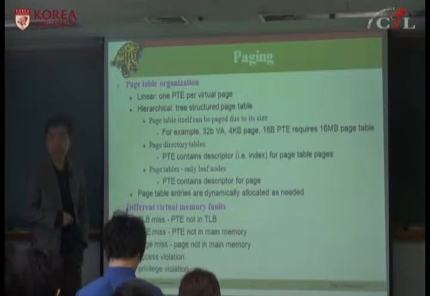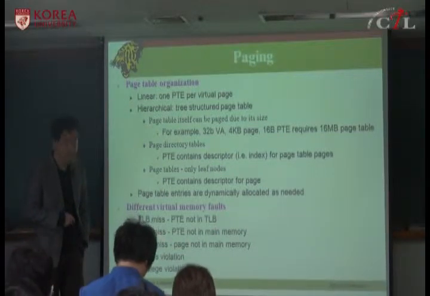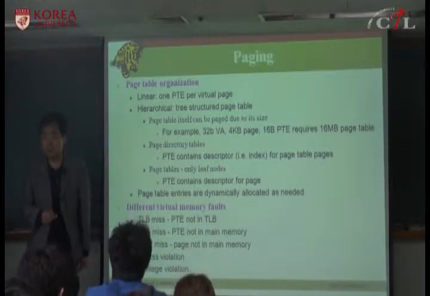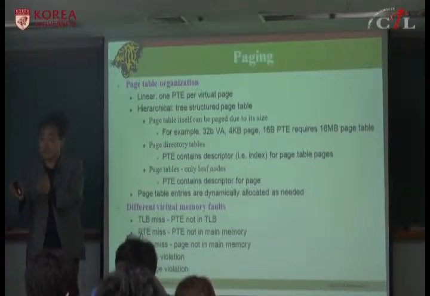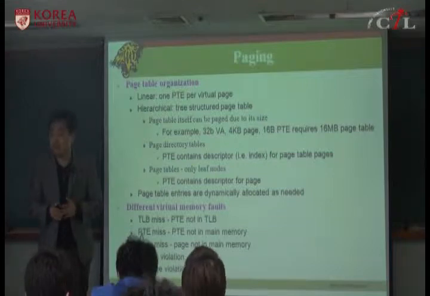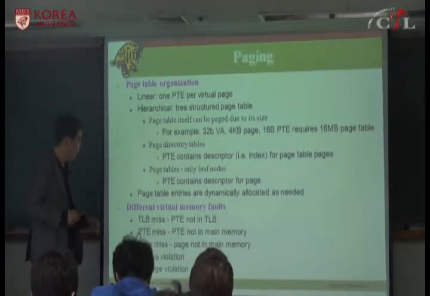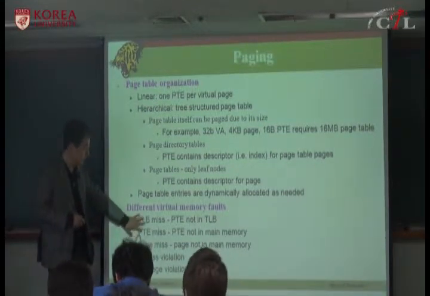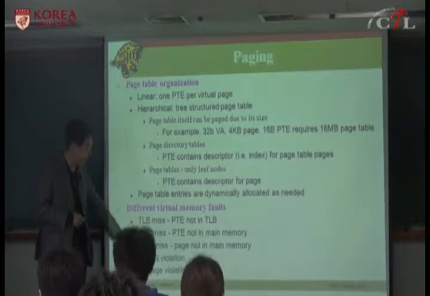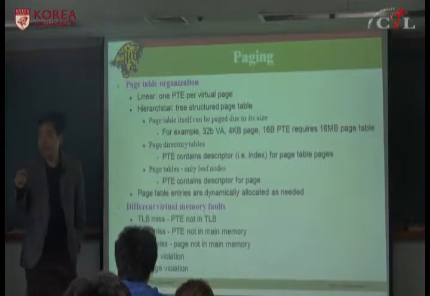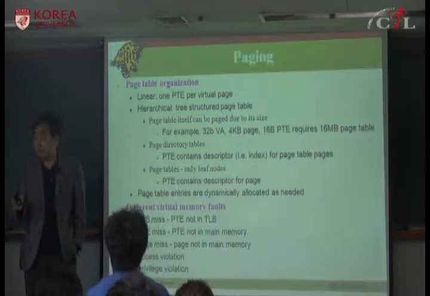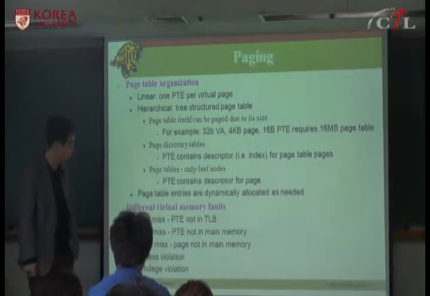It's called a PTE miss. Essentially, you have to go to the secondary storage to find the page table entry, which means the page table page has not been moved into main memory yet. Okay? And page miss is for the actual instruction or data, when the data page is not in main memory. Okay?